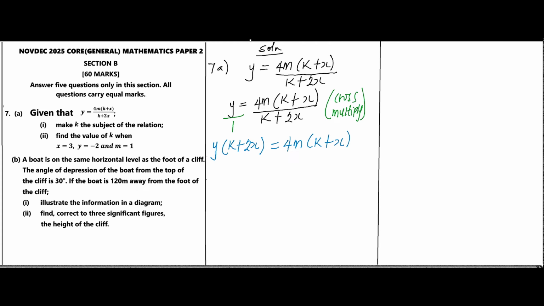Next, let's expand. So when we expand, we have y multiplying k and then y multiplying 2x. So y multiplying k, we have yk plus y multiplying 2x, we have 2xy.